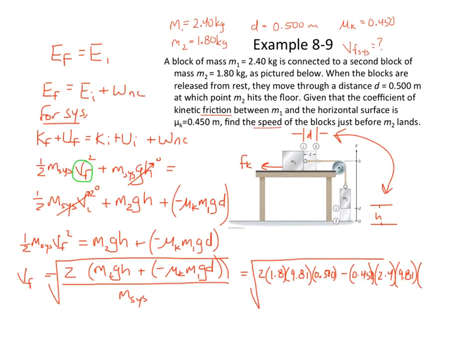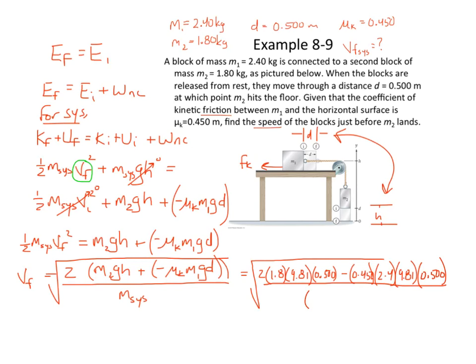Times our distance moved, and again, the distance this thing moves is the same thing as the height, right? This distance is the distance that the friction force acts through, so that's why it's the non-conservative force, and that is 0.500 meters as well. And we're going to divide all this by the mass of the system, which is mass 1 plus mass 2.